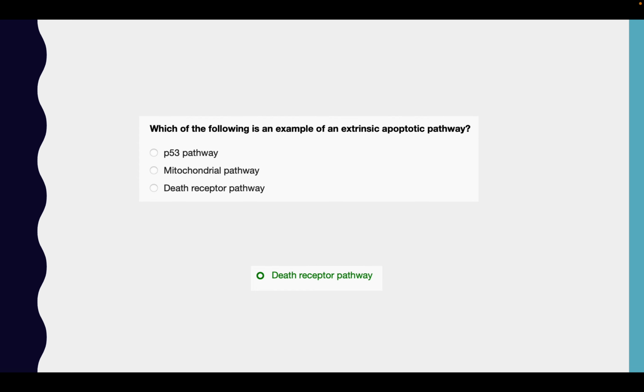These are all receptor mediated apoptotic pathways. Death receptor pathway, TNF, FAS और AKT pathway.